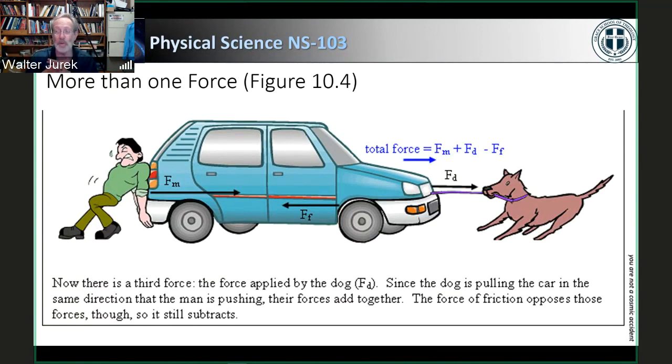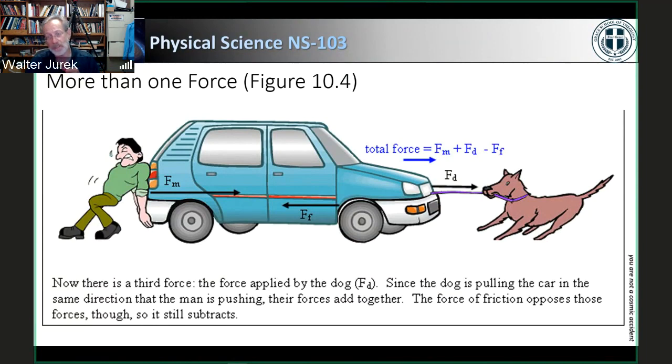That's the total force. That total force is going to equal the mass of the car times its acceleration. So that's what that little sigma, that goofy letter in front of the F, means. Add up all the forces, set it equal to mass times acceleration.